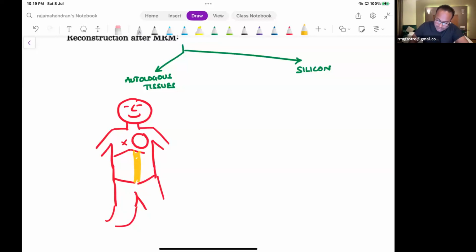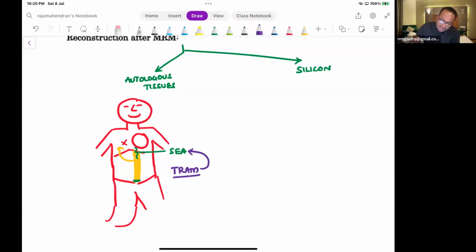The rectus abdominis has what blood vessel? It is the superior epigastric artery. We cut the muscle here and shift this muscle to here. This is known as what flap? This was the old flap, the TRAM flap, transverse rectus abdominis flap, based on the superior epigastric artery.